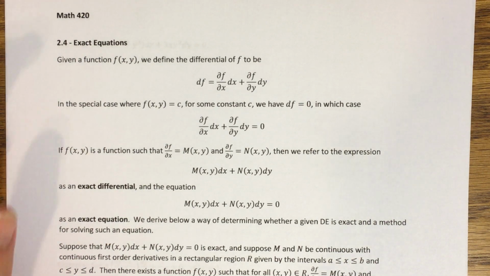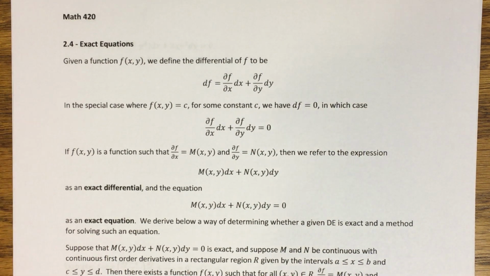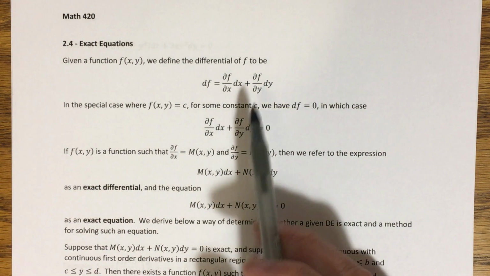I'll also say, before we get into this, even though Calculus 3 is not a prerequisite for this course, it's going to help a lot if you've had Calculus 3, specifically in this section. The reason is that we're going to be talking about some concepts that come from Calculus 3, in particular the idea of a differential of a two-variable function, which we're going to define here at the very beginning.